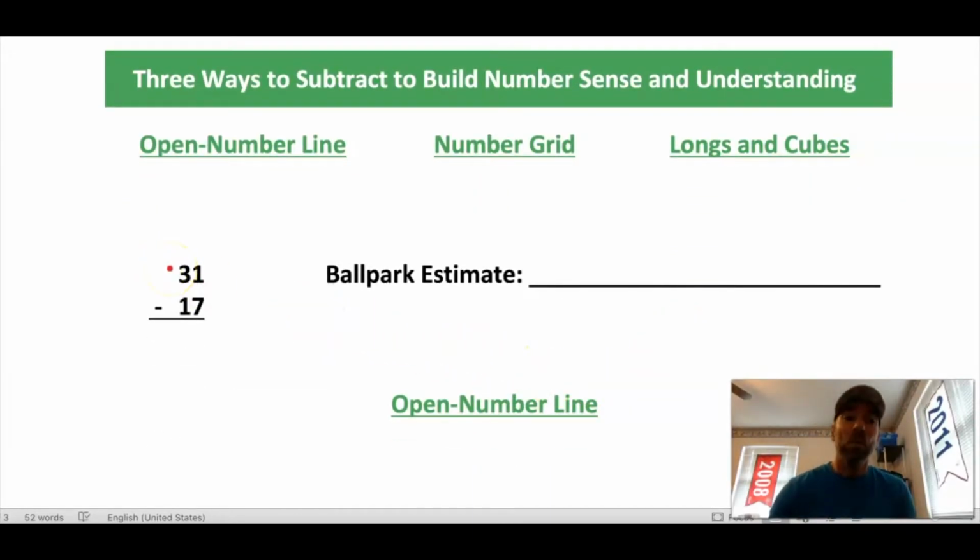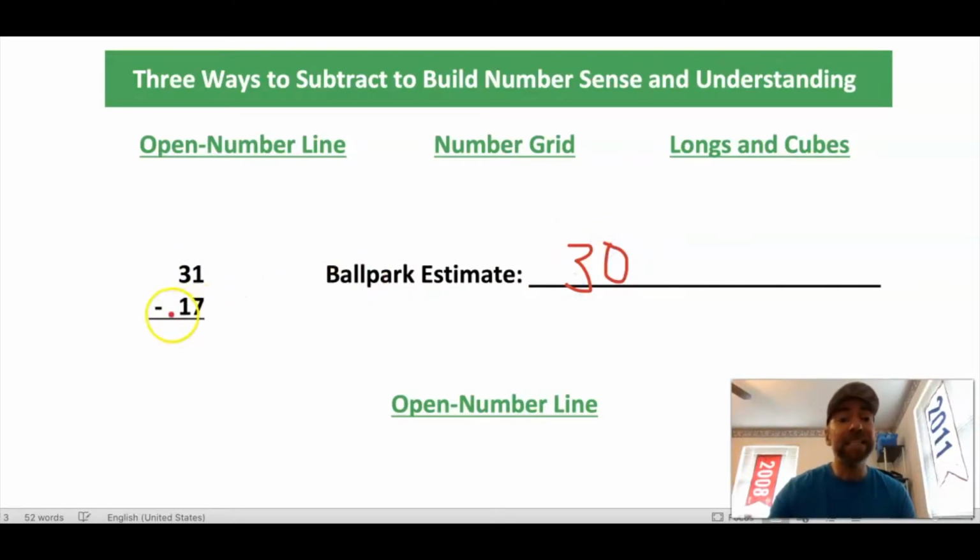So we have our first subtraction problem, 31 subtract 17. And I want to make a ballpark estimate. That means I want to estimate my numbers and try and see where my answer is going to be. We call that in the ballpark. All right, so let's see. 31 is close to 30.